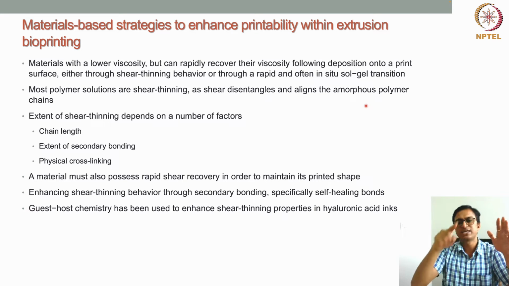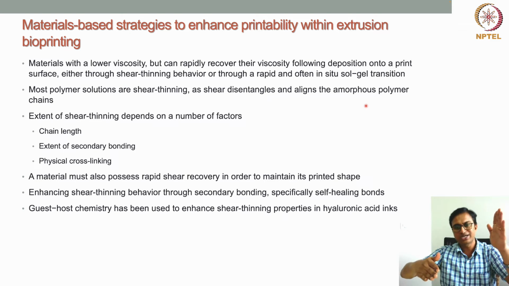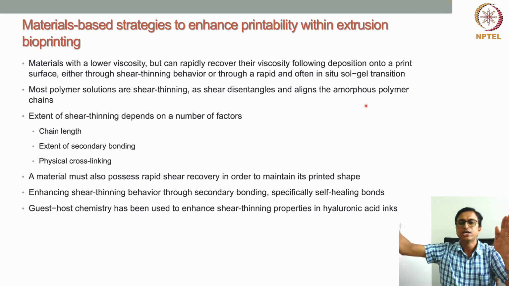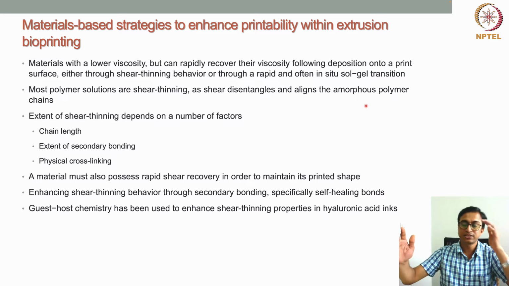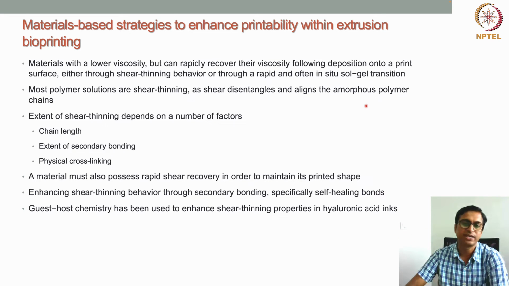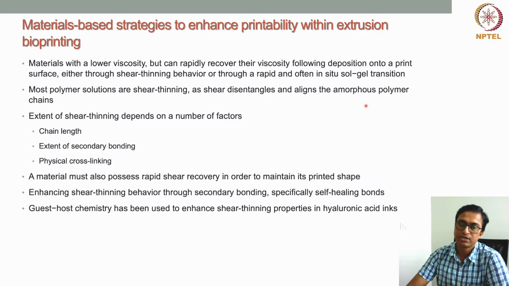So typically the viscosity is high at low shear, it comes down at high shear, and again when we remove the shear force after extruding, the viscosity goes high. That means shear recovery of the material helps in retaining the structure and shape.